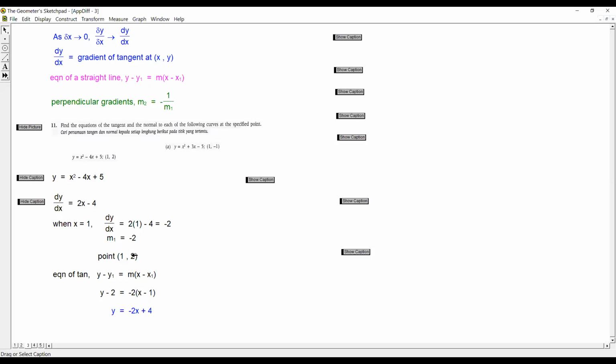Knowing the gradient and the point, can you find the equation of tangent? Yes, right? You use this formula. You substitute in the gradient of tangent, you substitute in the coordinates of the point, and you simplify, you will get this.